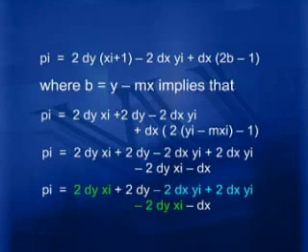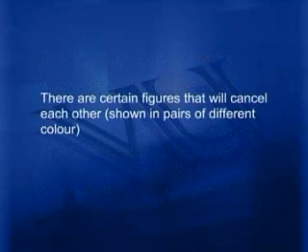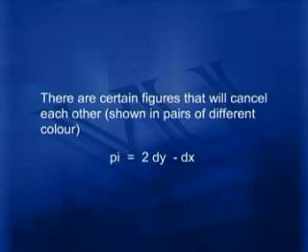So these two would be cancelled with each other. Then 2 dx y1 and 2 dx y1, the pair is visible in a different color. These two would be cancelling out each other, and pi would be left with only two contributors, which are 2 dy minus dx.